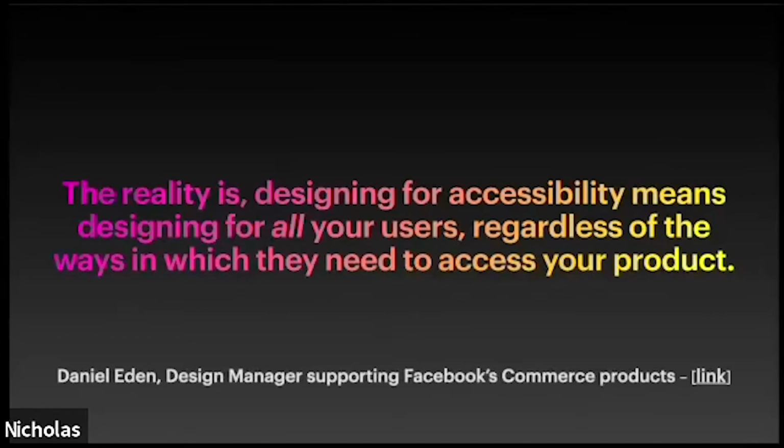And there is an excellent quote that I want to share with you from Daniel Eden, the design manager supporting Facebook's commerce products, who said in one of his recent articles last month that the reality is designing for accessibility means designing for all your users, regardless of the ways in which they need to access your product.